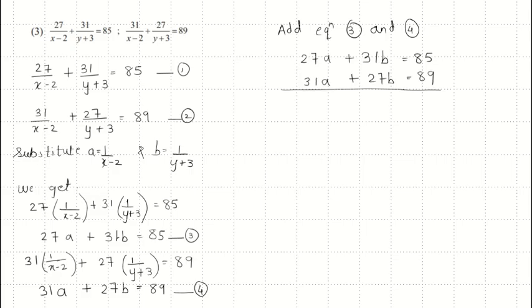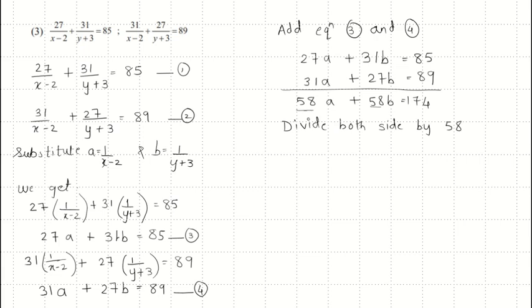When we add it, we get 58a plus 58b is equal to 174. As we have 58 common and even 174 comes in the table of 58, we will divide both sides by 58.